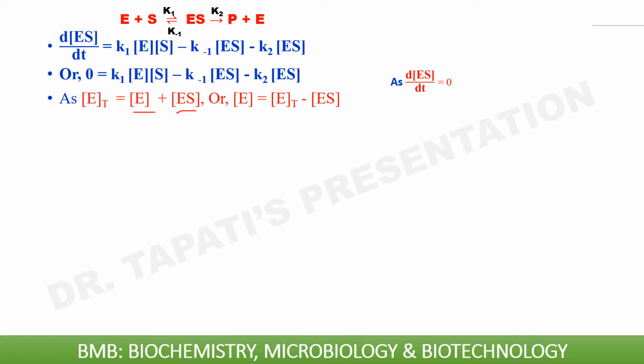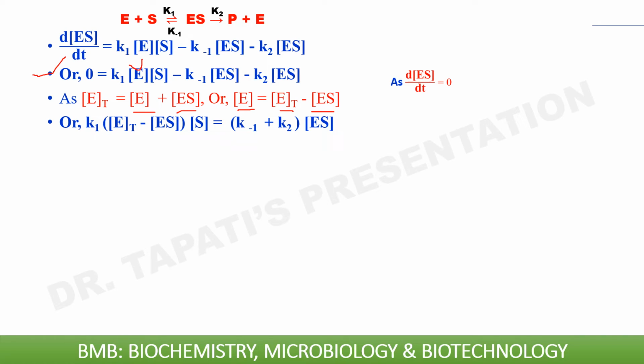Or we can write the concentration of enzyme is equal to total enzyme concentration minus the concentration of ES. If we put this value of E in the equation, E is equal to ET minus ES.